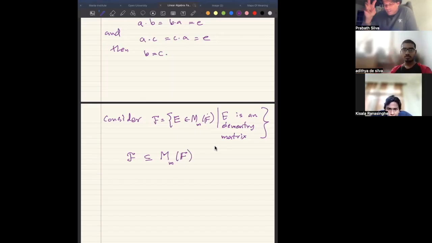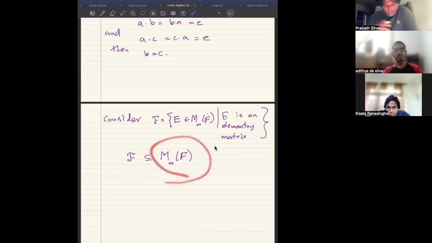So you remember these elementary matrices, like you remember earlier, we're doing this operation and then this and that, like doing it with the hand, like in the case of the Rubik's cube. But now we have actual, so we have this guy, M N F. This is an algebra. This has everything in it.